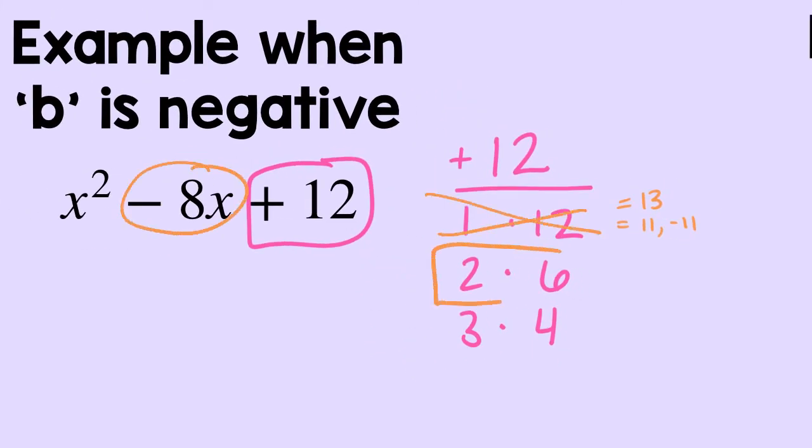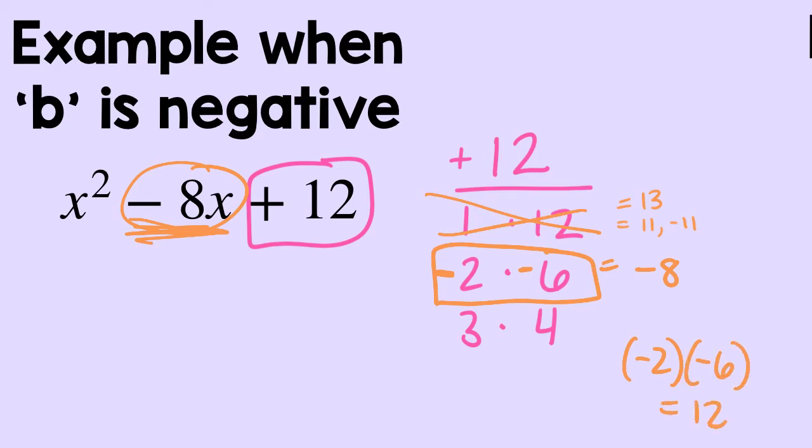Now this one, if I add them up the way they are, that's going to be +8, which is not what I want. But in order to make them equal -8, I could make both of them negative, right? -2 plus -6 is -8. And remember, two negatives, when you multiply them, do equal a positive. So this fulfills both of our requirements.